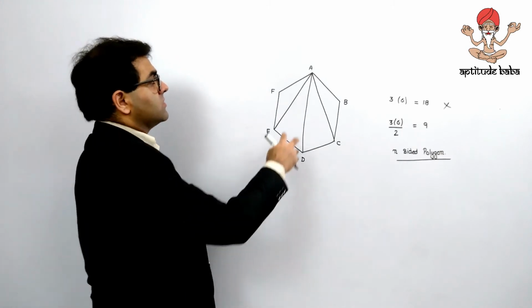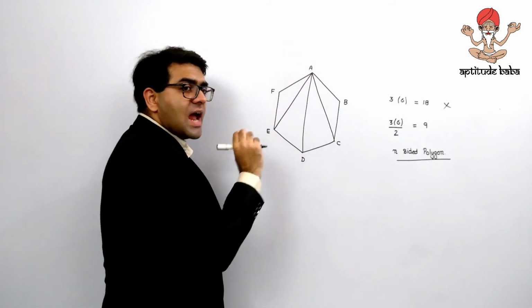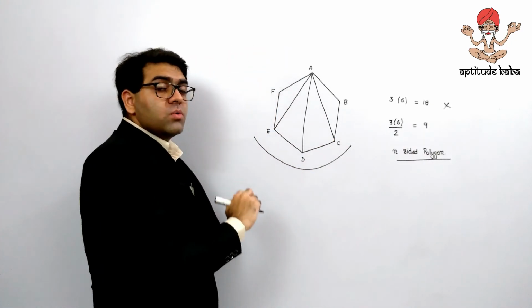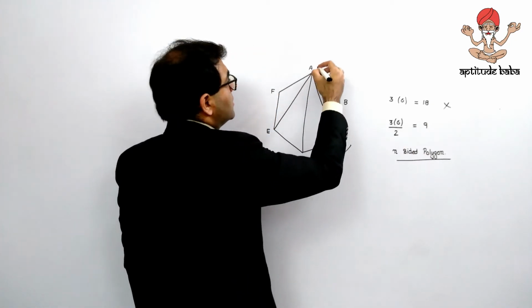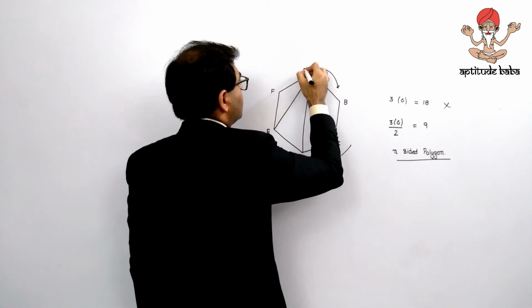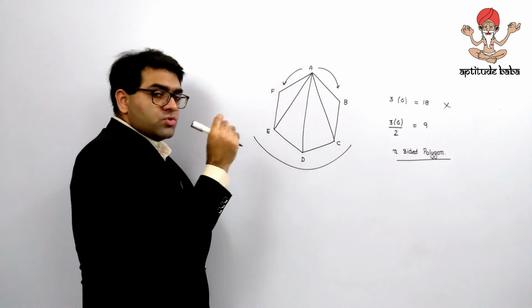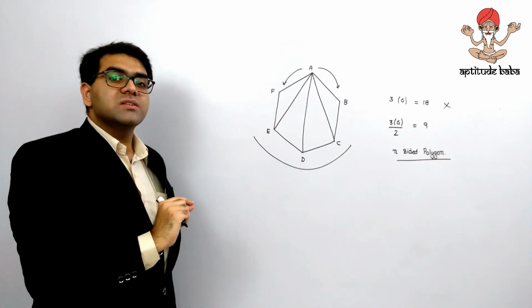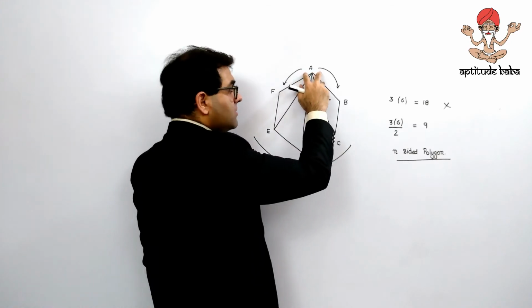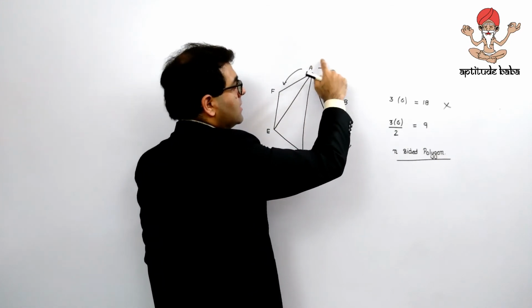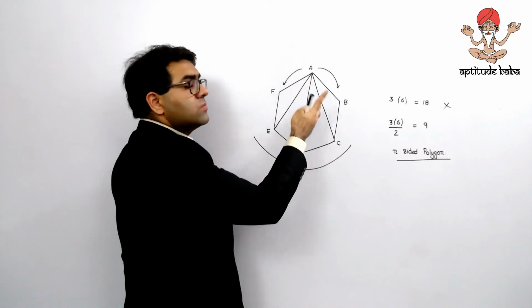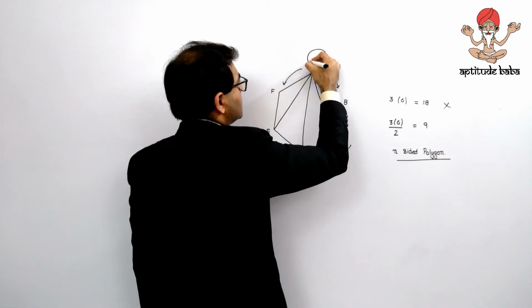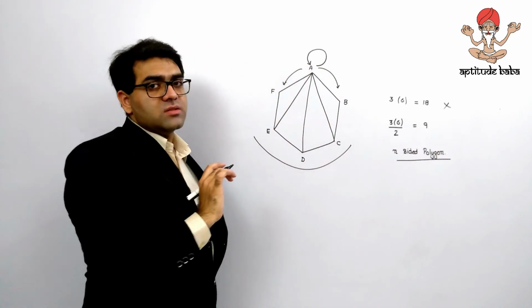From each vertex, I can draw a diagonal to any of the opposite vertices, but I cannot draw a diagonal to the vertex which is to the immediate left or to the immediate right. So I can draw diagonals from every vertex to all the vertices opposite to it. On which vertices can I not draw a diagonal? I cannot draw a diagonal to the two vertices immediately to the left and right of that vertex. Also, a diagonal cannot be drawn from a given vertex back to itself.